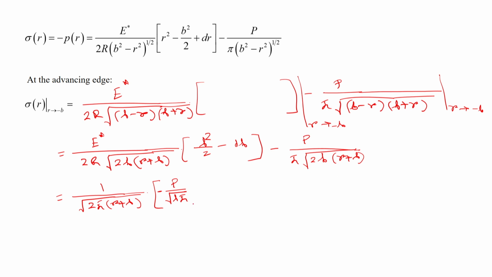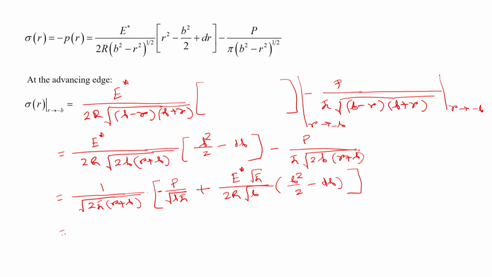So, b, that is fine, and then plus this is E star over 2 r, and again here square root of b here. So, I have 1 square root of b here, and square root of pi here. So, I have to have a square root of pi here, I guess, right. And then here I have b square by 2 minus d into b.